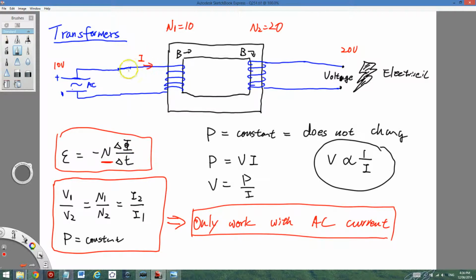So if the current is DC, the current is constant, the magnetic field is going to be constant, then there won't be any induced voltage on the other side at the output. So just make sure transformers only work with AC current.